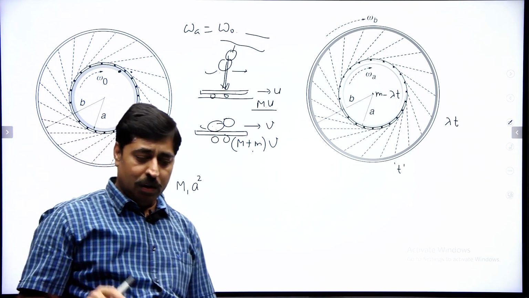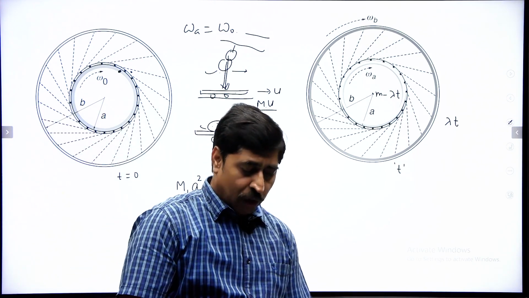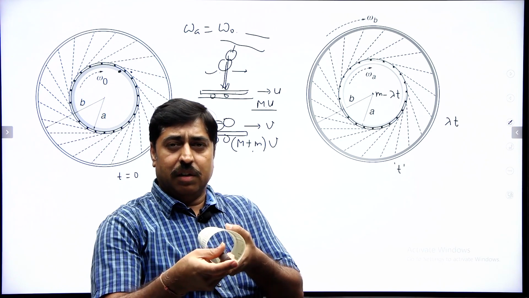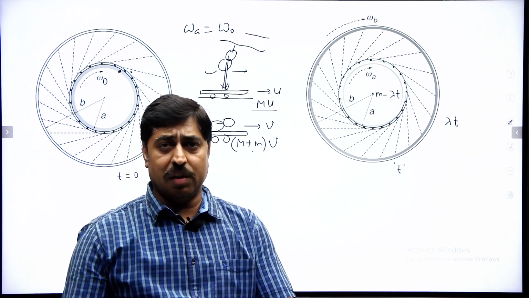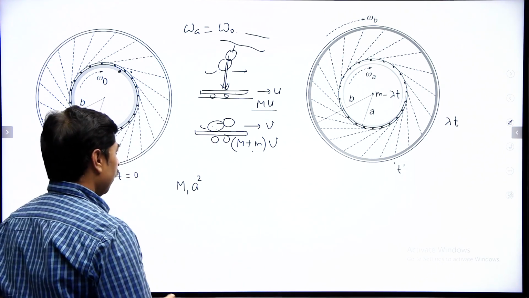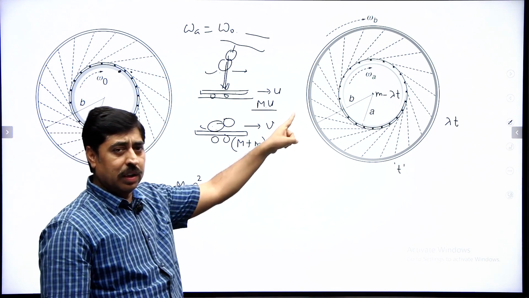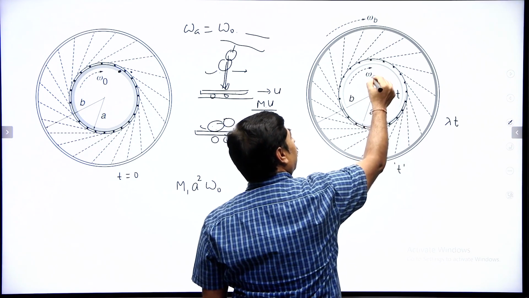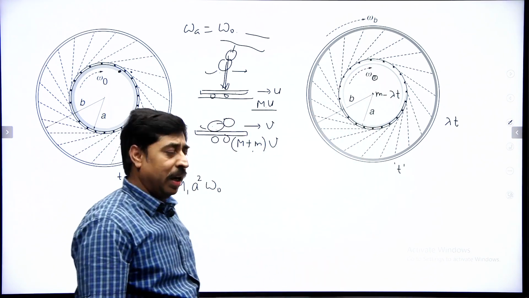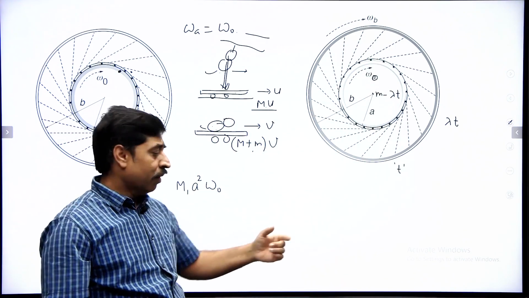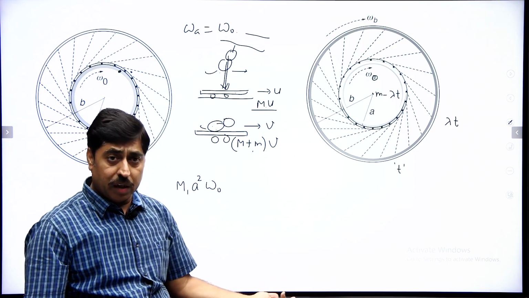It is a hollow drum, so about this axis the moment of inertia is simply m a square, m r square. So m1 a square into omega naught, because the angular speed of this particular drum is still omega naught at time t. I am writing the angular momentum at time t. So I omega for the inner drum.